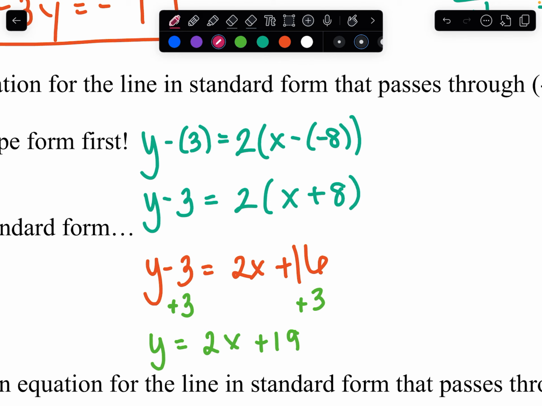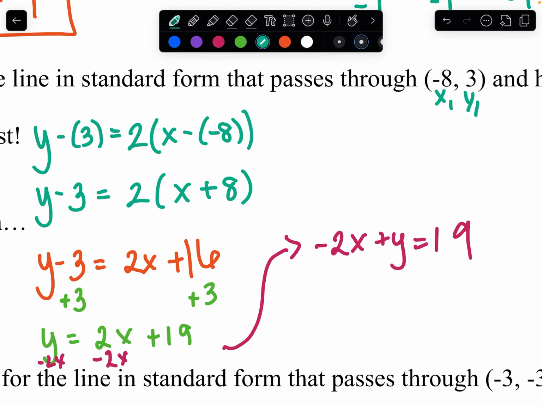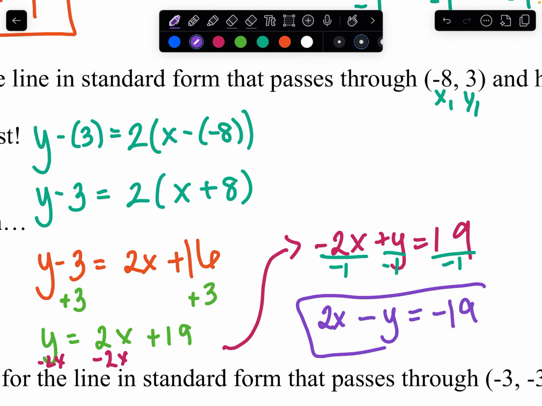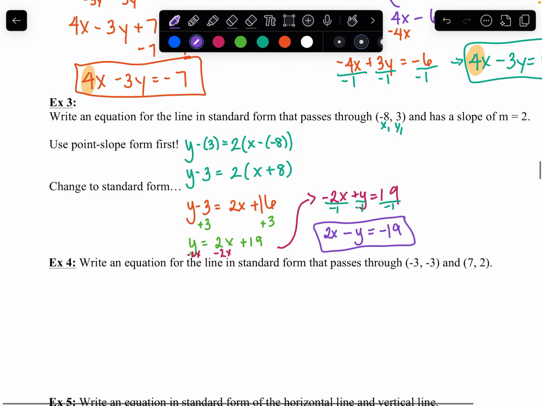Now I'm going to subtract that 2x from both sides, so we get -2x plus y equals 19. Well, we're not done because of the negative, so we're going to divide everything by -1, or multiply everything by -1, to get positive 2x minus y equals -19. And there's your answer.